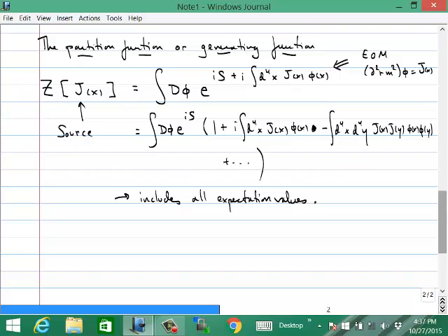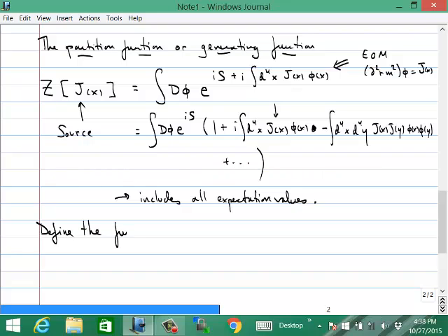Roughly speaking, the term that is linear in J has 1 phi, and if you wanted to extract the term in Z that's linear in J, what would you do? You would take the derivative of Z with respect to J and then set J equal to 0. And indeed, that is exactly what we're going to do.